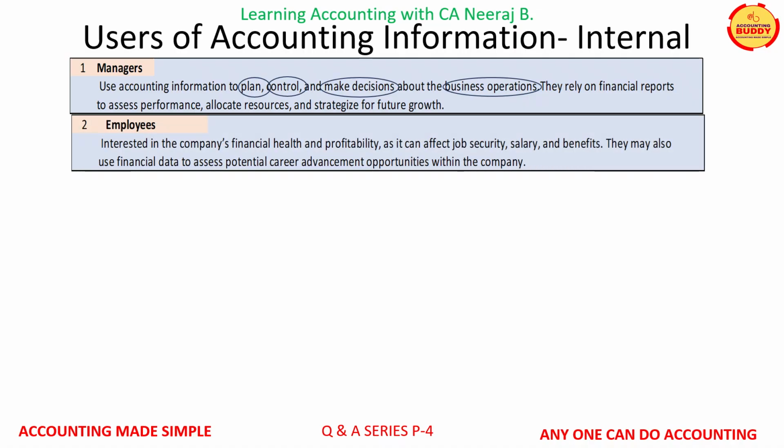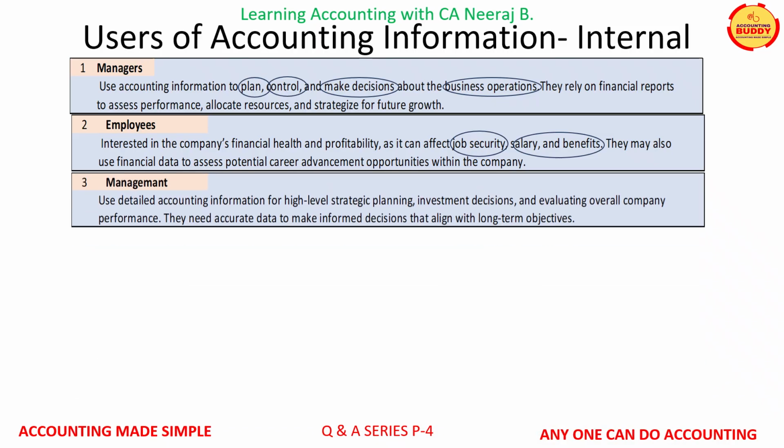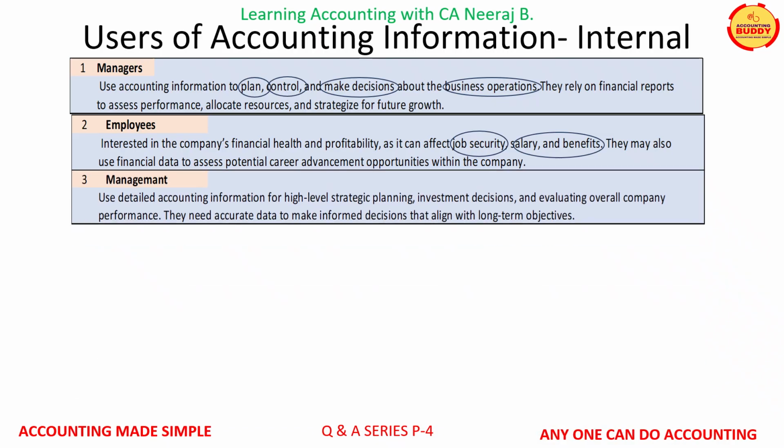Second, employees. In order to ensure job security, stability, and future professional growth, employees of any business rely on financial reports. Next is management. Management uses financial information to evaluate overall performance of the business for making key business decisions.